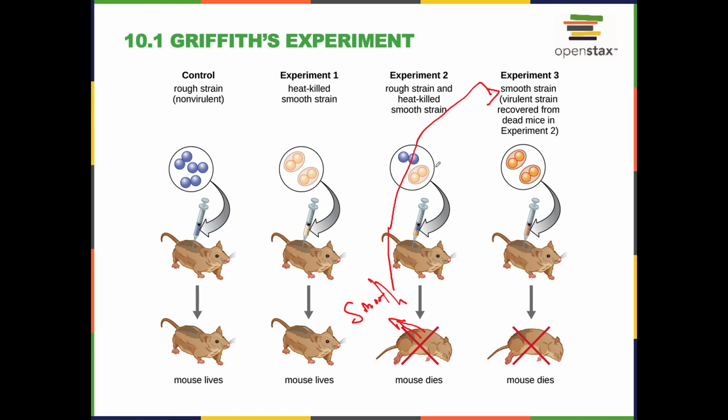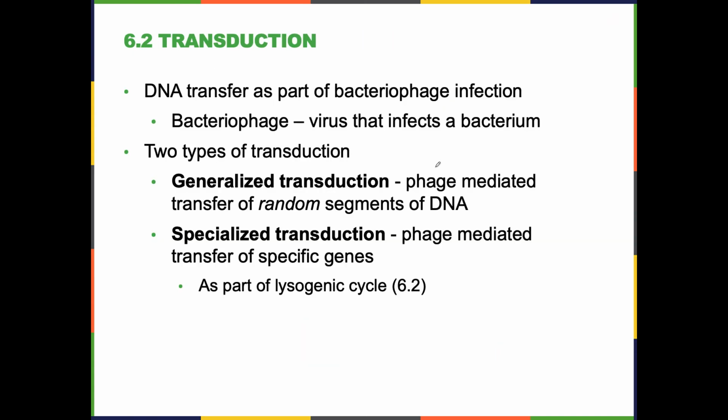Okay, so that's transformation. Let's talk a little bit about transduction. We got to go back in time, way back to module 3, I believe it was, when we talked about viruses. So this is section 6.2 of your book. Transduction happens as DNA transfer that happens as part of a bacteriophage infection. Remember, bacteriophages are simply viruses that infect bacteria.